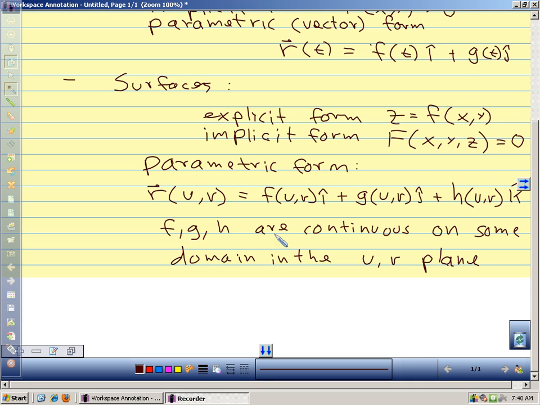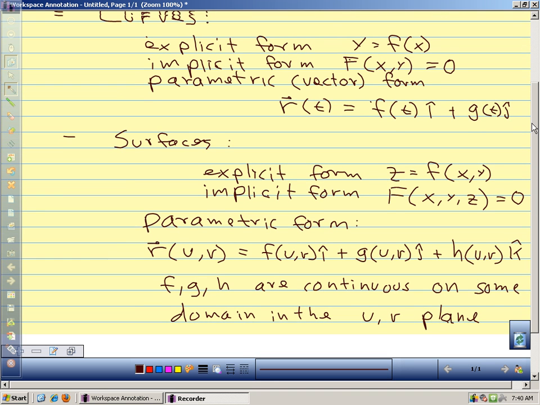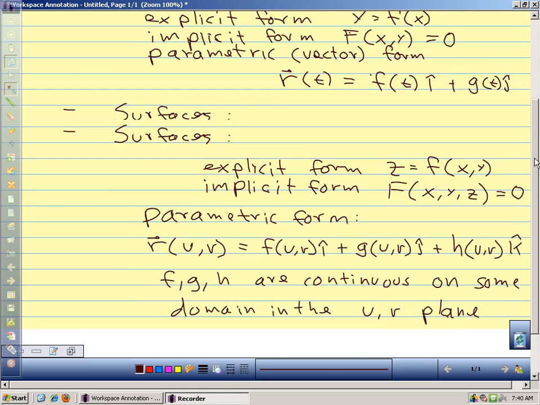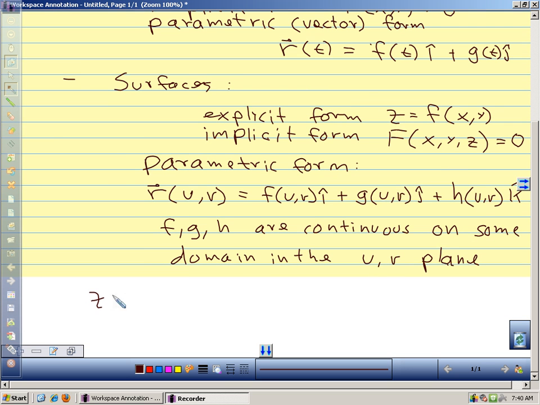And if we have an explicit representation of our surface, z equals f of x, y, that's another one where it's easy to represent our surface parametrically.